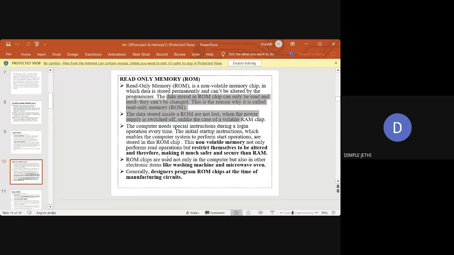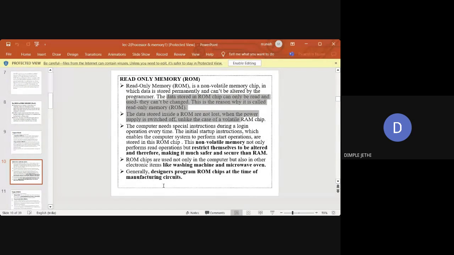When we say my computer is starting, whatever data or files are necessary at the time of booting the computer, those files and that data are kept in ROM. Clear? So designers program ROM chips at the time of manufacturing the circuits.